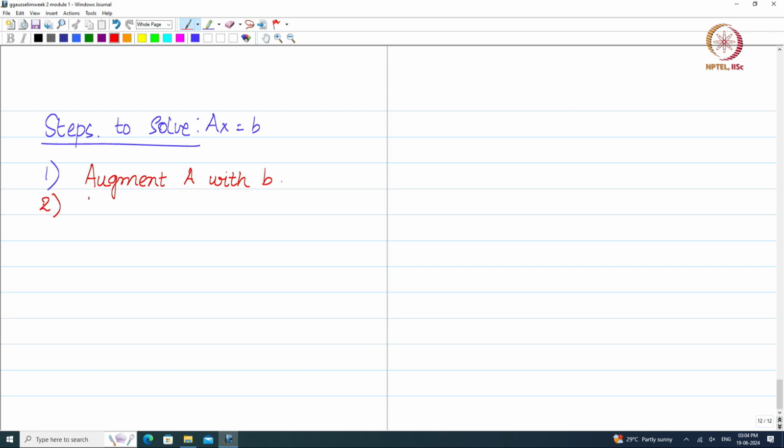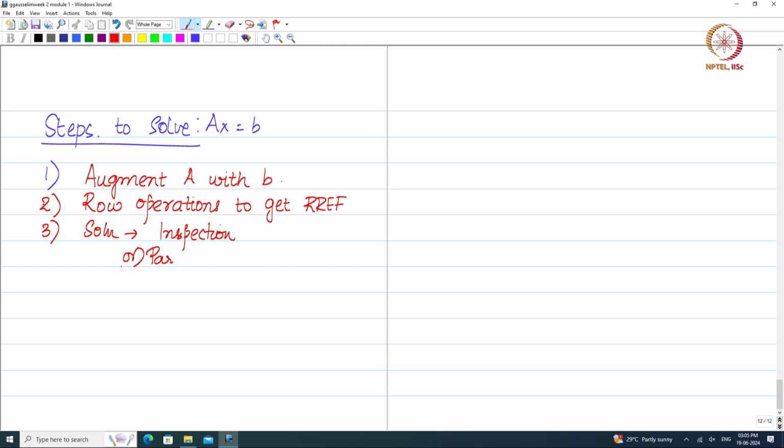Step 2. Carry out a sequence of row operations to obtain the RREF of A. Step 3. Obtain the solution set either by inspection or by converting the linear equations to a parametric form.